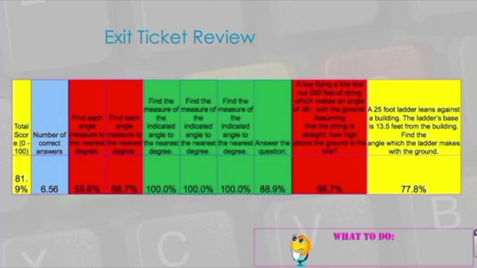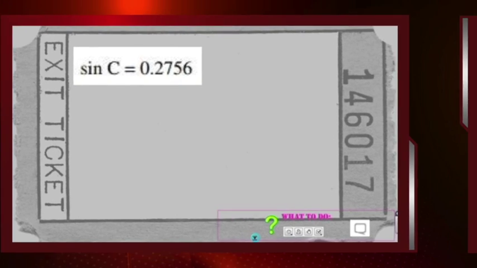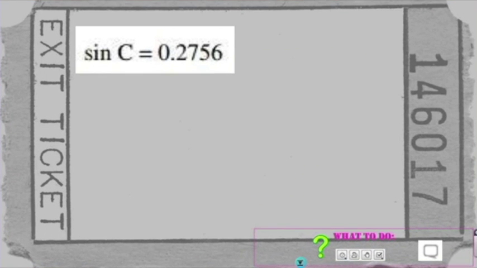All right, here is the information from our last exit ticket. We made a C overall for those that answered it, so pretty good job. And so let's review these 3 questions that we failed. The first one was to find the measure of the angle given that the sine of that angle is 0.2756.